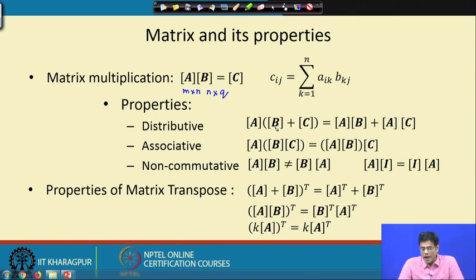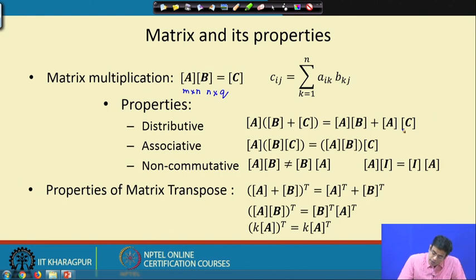That means, if I add the first two matrices B and C and then pre-multiply with another matrix A, then that will be equal to pre-multiplying matrix B with A and matrix C with A. This property is known as the distributive property.